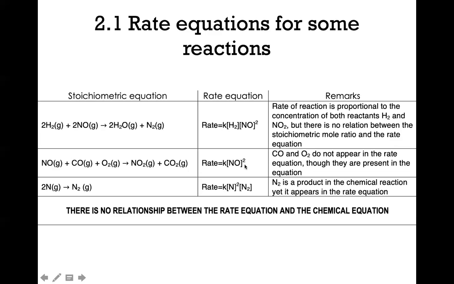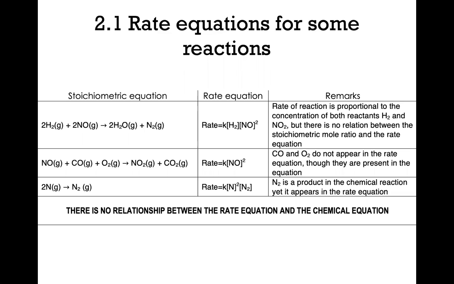There is a reason for this. If you look at the rate equation, you can see that the rate is directly proportional to the concentration of your reactants. So if you increase the concentration of a particular reactant, your rate should also go up. The reason why some reactants don't appear in the rate equation is because they do not have an effect on the rate.